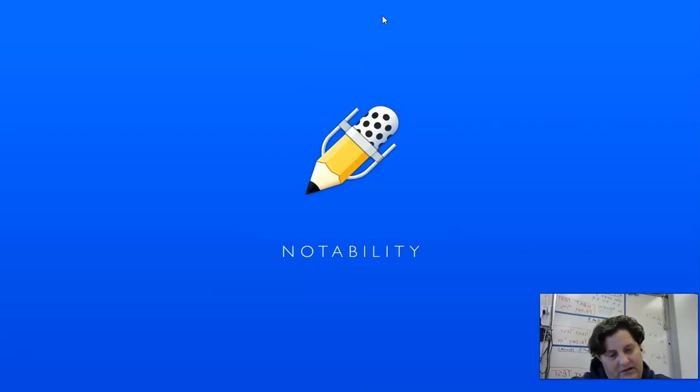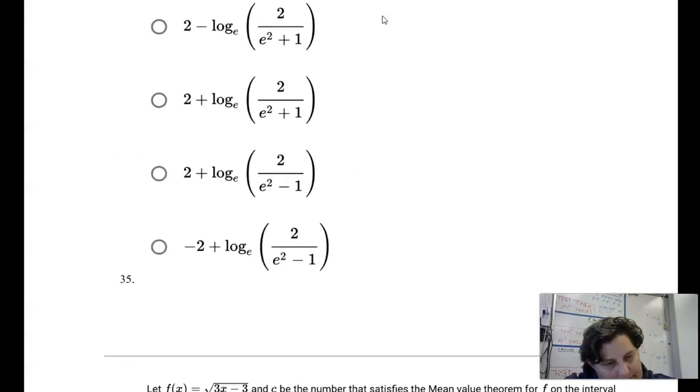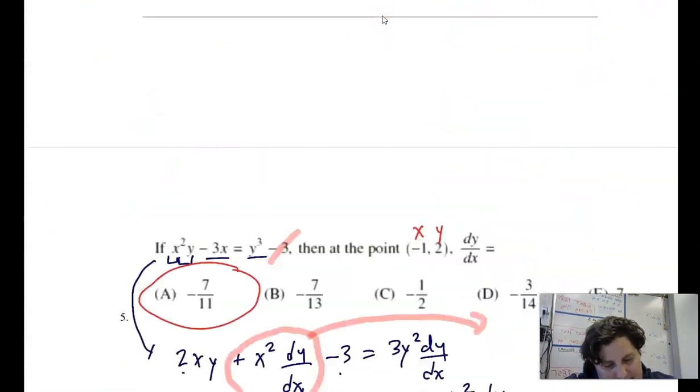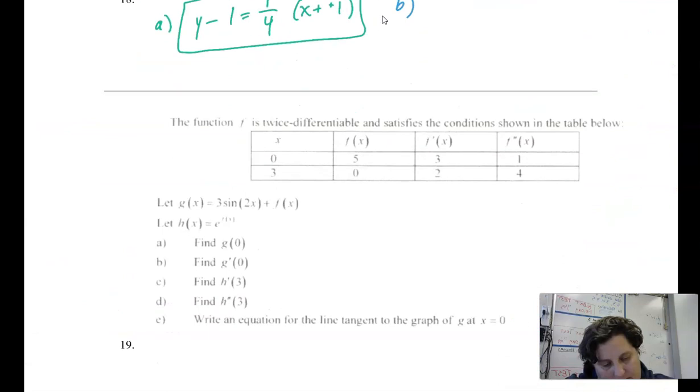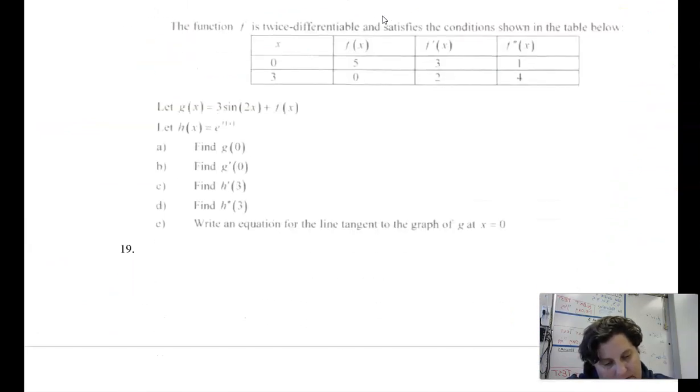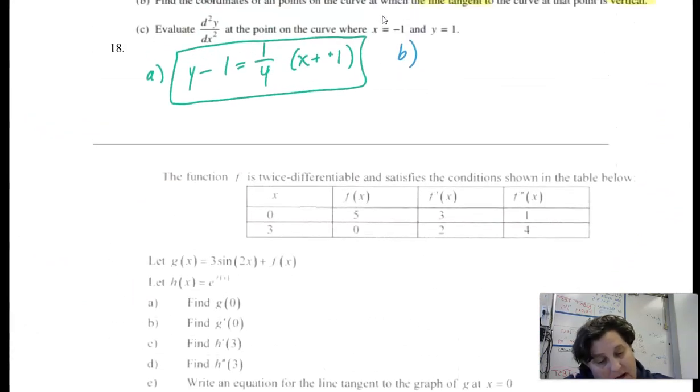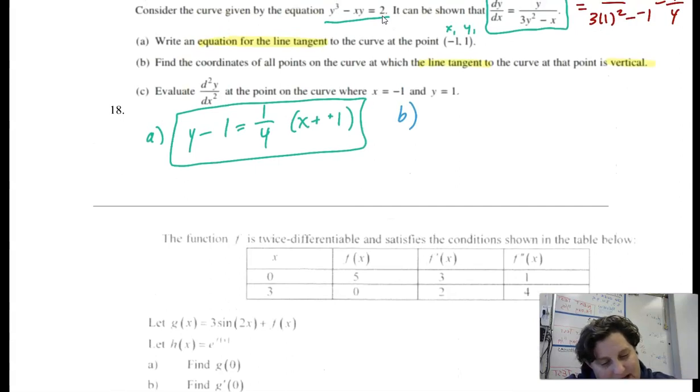So this particular question asked me to find all the points where the tangent line is vertical: bottom equals 0.